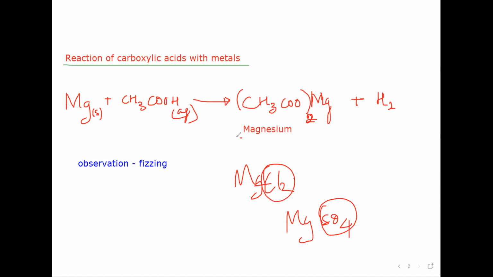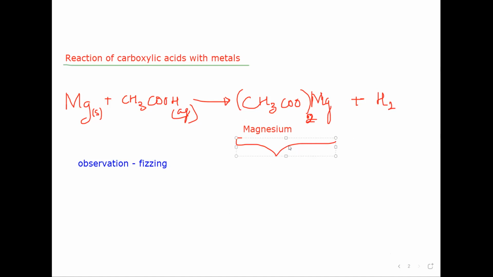Now I'm asking what can be the name of this compound, magnesium CH3COO minus? I gave you, check the note. It was ethanoate. So it is magnesium ethanoate. The product is magnesium ethanoate and hydrogen.